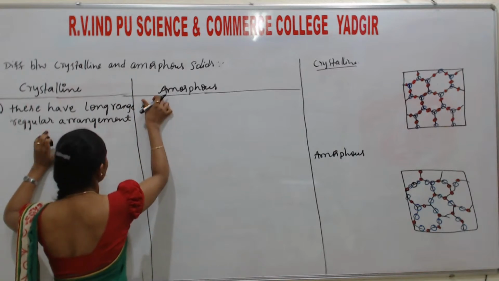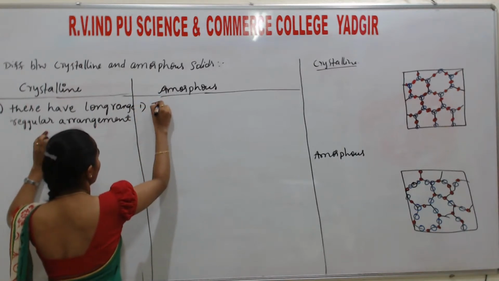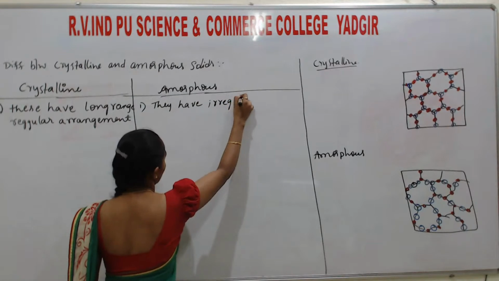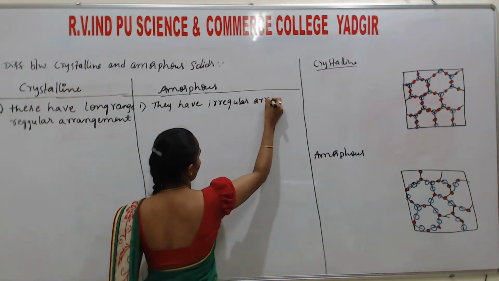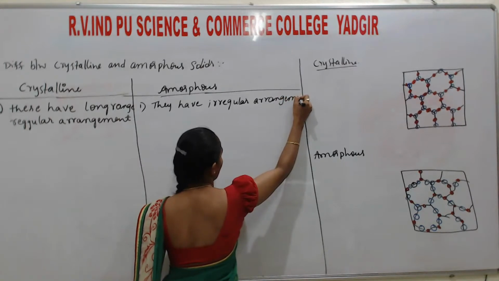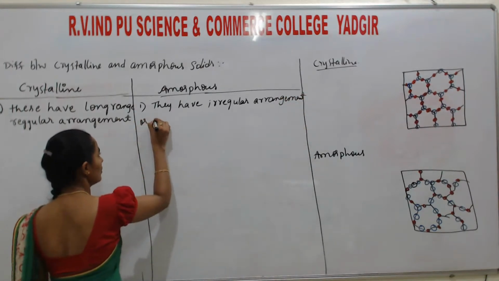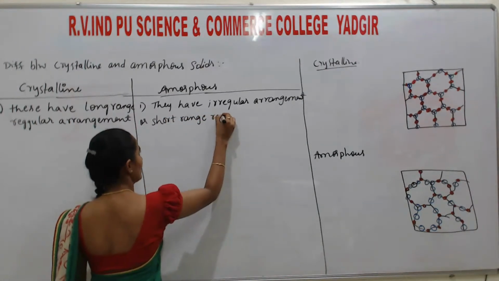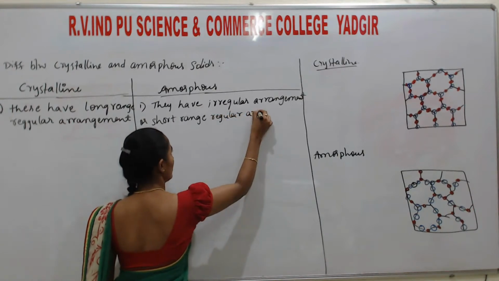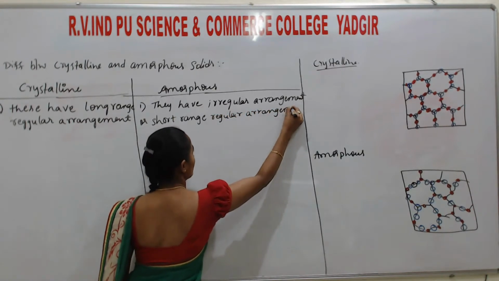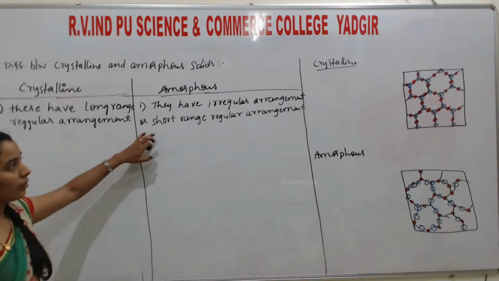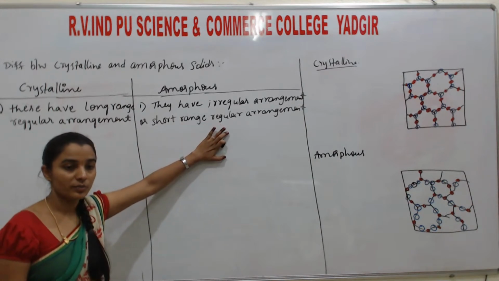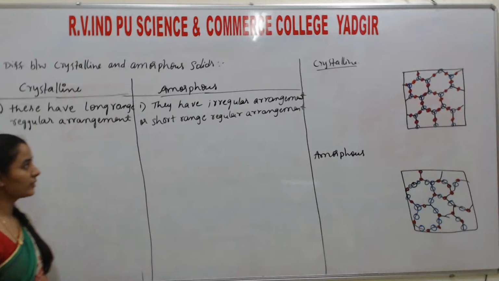And this one, they have irregular arrangement or short range regular arrangement. They have irregular arrangement or short range regular arrangement. Okay, this is the first difference.